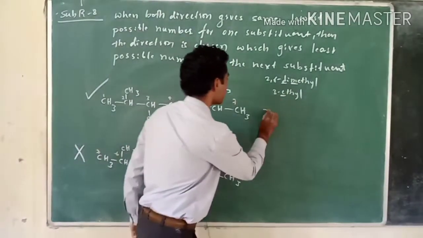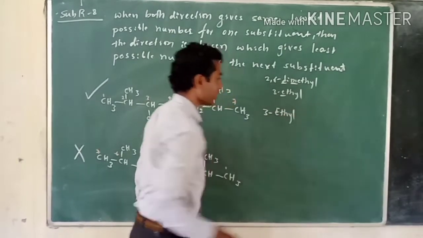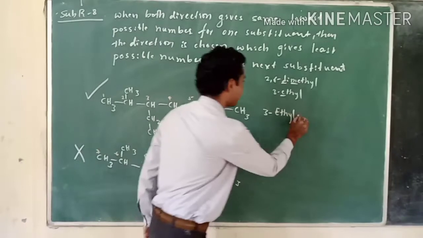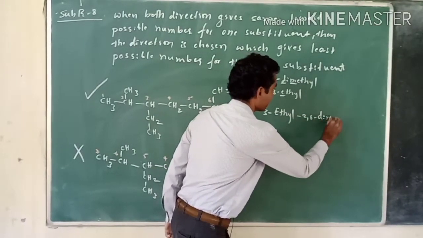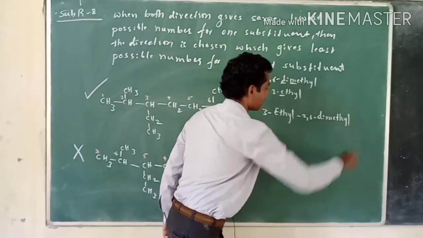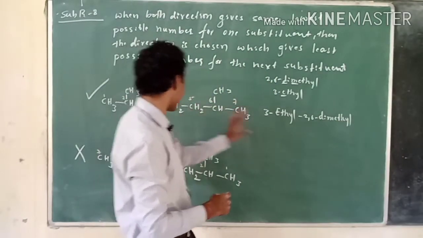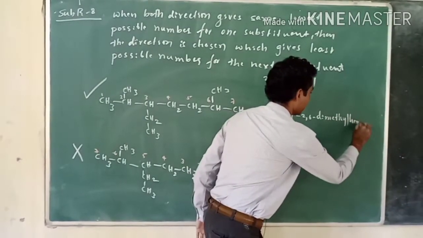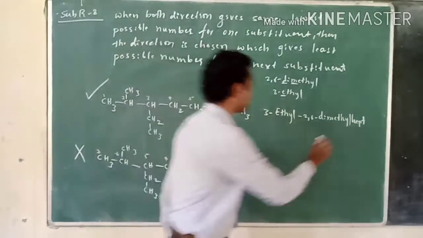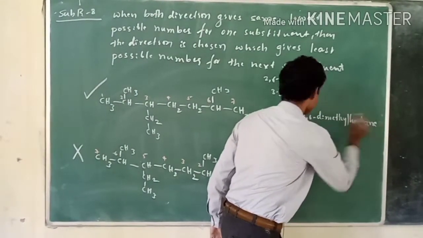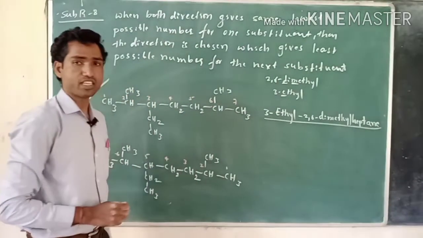So at the third position, ethyl group is there. Then at the second and sixth position, dimethyl is the prefix. Now hept is the root word, ane is the primary suffix. This is the name of this molecule.